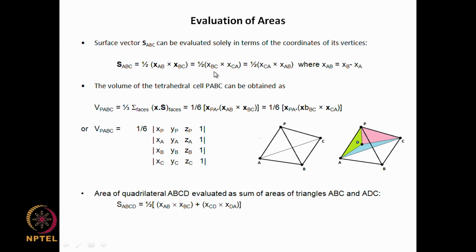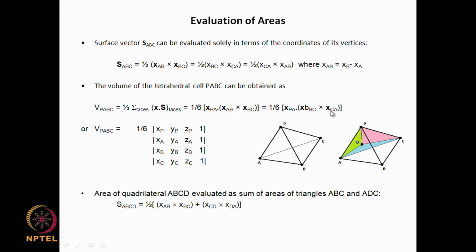The volume of the tetrahedral element PABC, that is this one, can be evaluated as one third of the sum over the faces of x dot S face. So, this becomes one sixth of xPA dotted with xAB cross xBC, and also xPA dot xBC cross xCA. There is a mistake here.